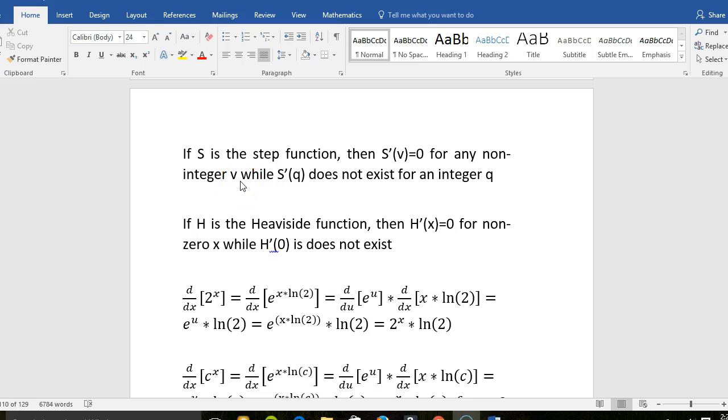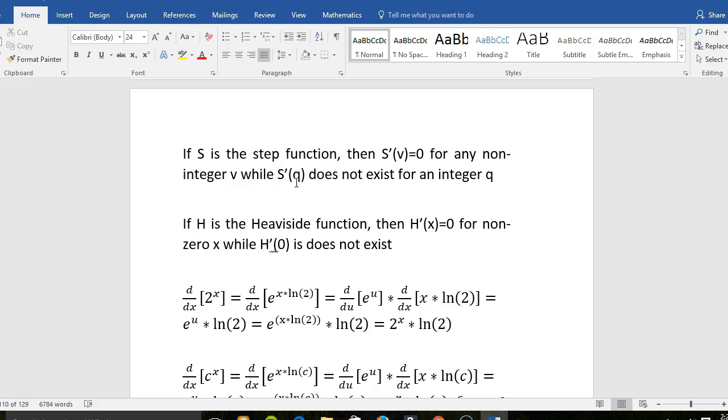Of course you can't have 0 on the bottom, but as long as you're a fraction whose denominator is not 0 and is not positive or -1, then your derivative will be 0. Now, if your denominator is positive or -1, your derivative will not exist. S of q will exist, but s prime of q will not exist.